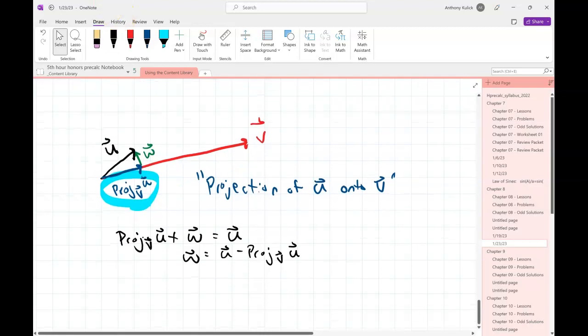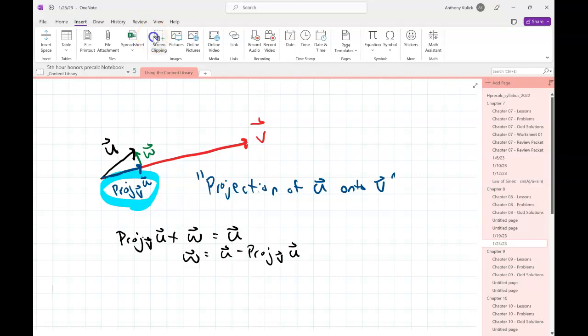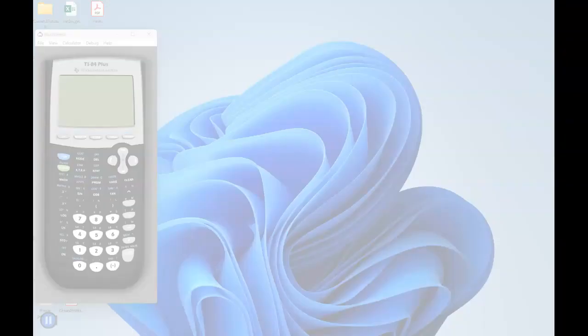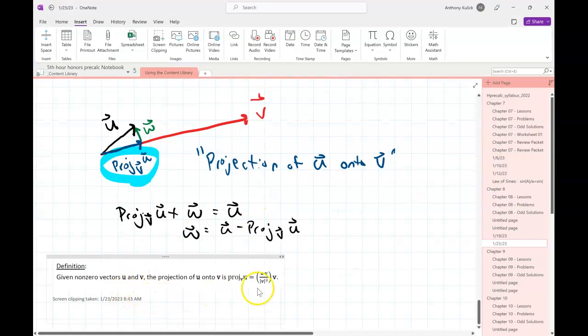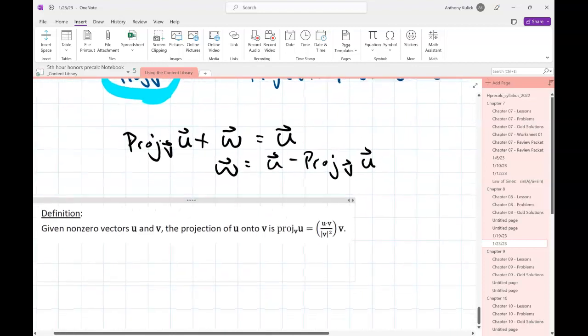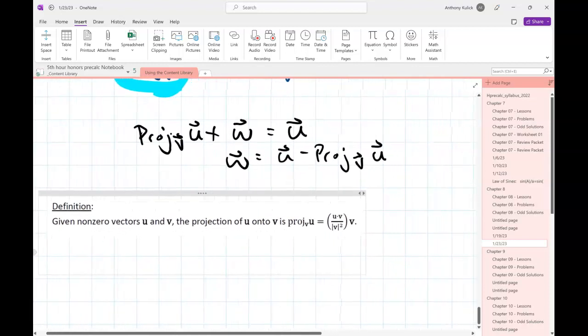Well, we're not going to derive that, but I will give you this. So this is a formula that we can use to calculate that projection. So the projection of U onto V is the dot product of U and V divided by the magnitude of V squared.